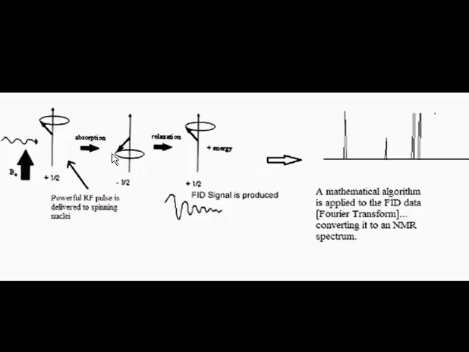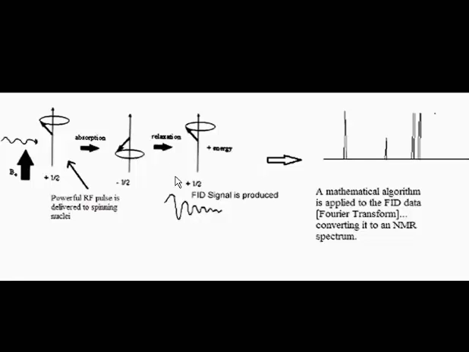Now, at the end of the RF pulse, the excited nuclei begin losing their energy to return to their original state. This process is called relaxation. As the excited nuclei relax, they emit energy in the form of RF radiation. Each relaxing nucleus emits RF radiation of a specific frequency.